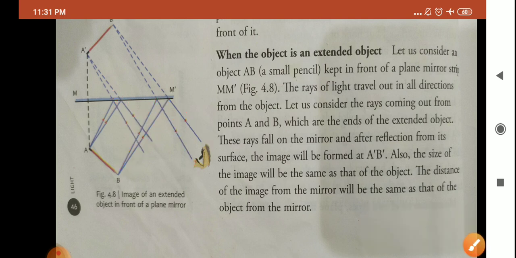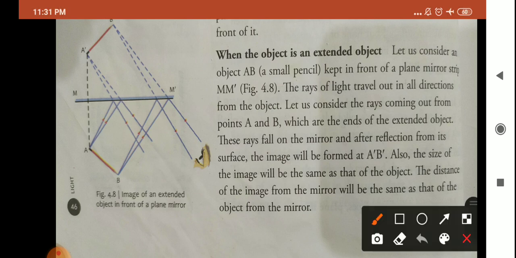If these rays are extended backward, you can see how these rays are extended backward, they are going to meet at point A dash and point B dash. So here the image will be formed. If we are the observer, we are going to find the image here.